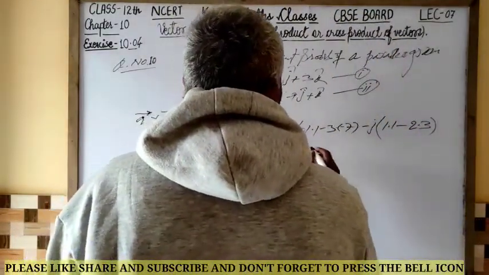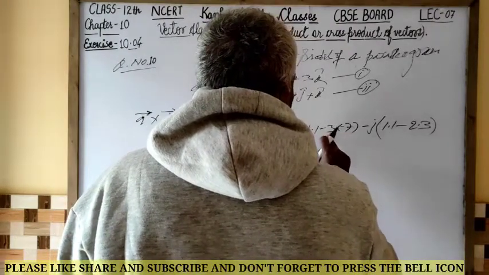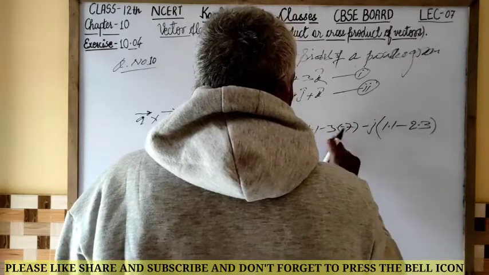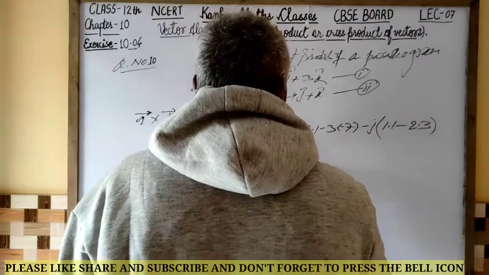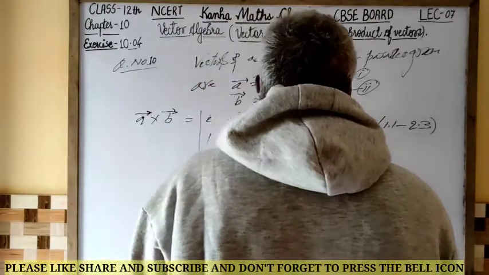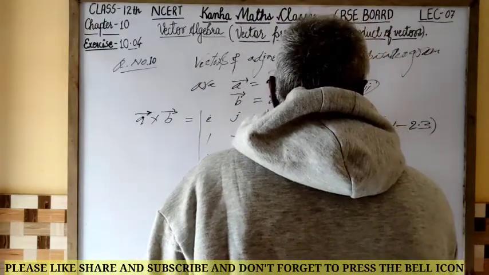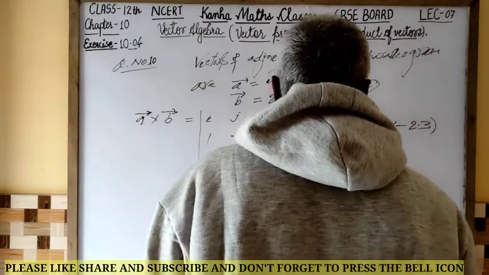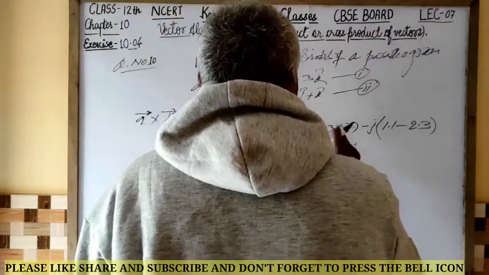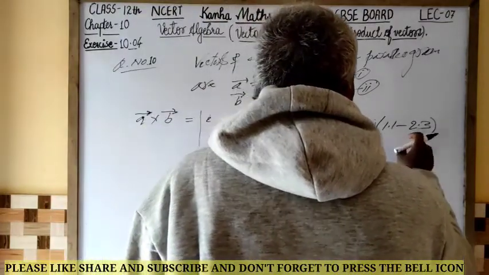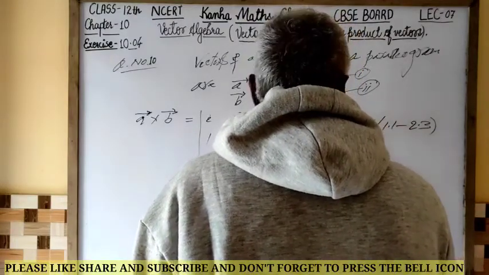Now this is minus 1 into 1 minus 1, and minus 3 into minus 7 is 21, so 21 minus 1 is 20i. And this is 1 minus 6, which is minus 5, so minus minus 5j, that is plus 5j.